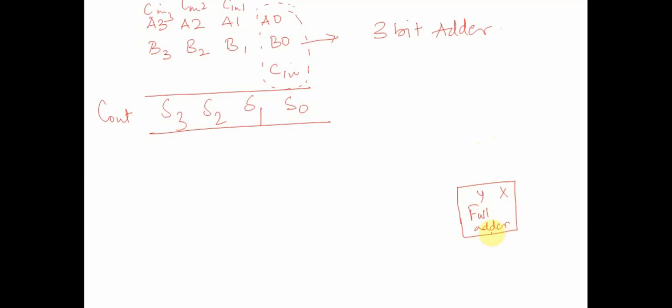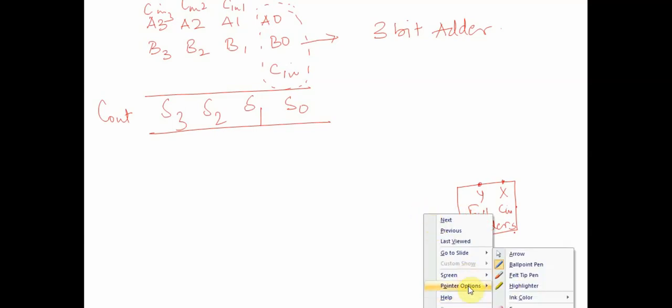This has a sum as an output, this has a carry in as an input, and this has a carry out as an output, correct?